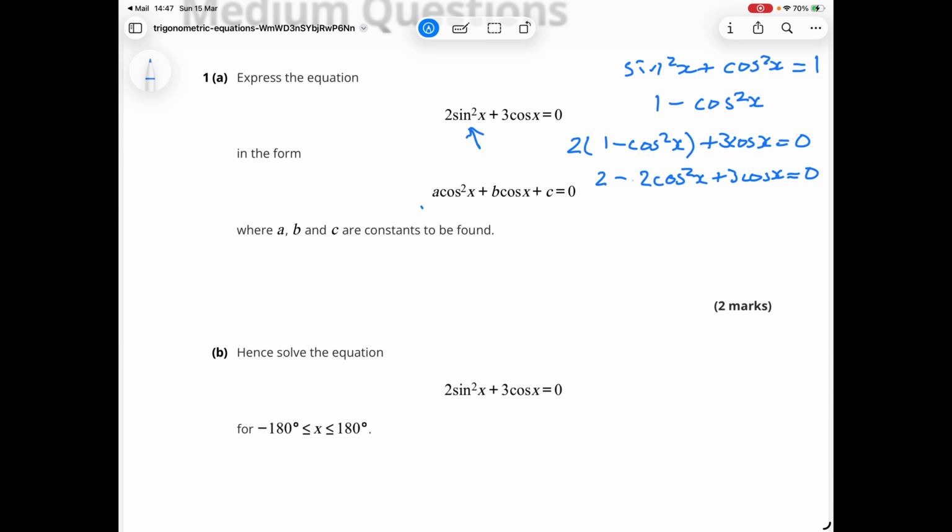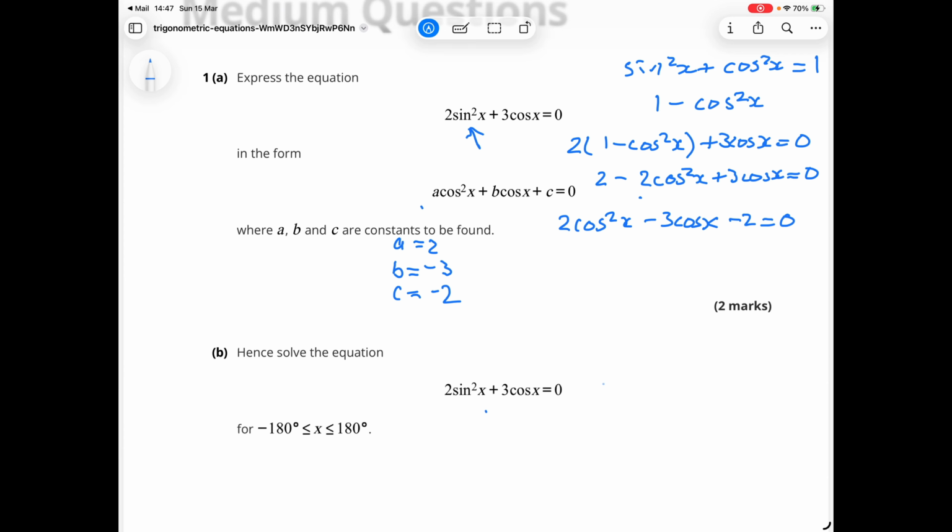I'm going to make this positive, so it's 2 cos squared x minus 3 cos x minus 2 equals 0. Now we know what these are: A equals 2, B equals minus 3, and C equals minus 2. So now we've got to solve this equation.